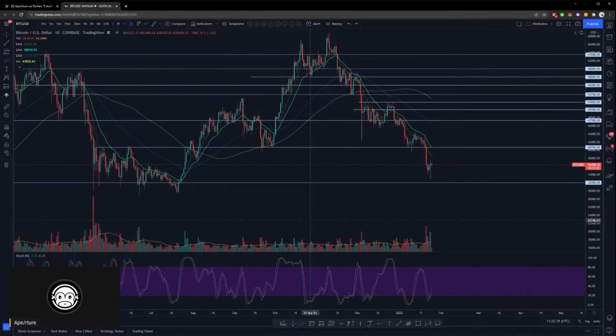Like, the macro environment is bearish. That doesn't mean there can't be bullish rallies or up trends, but make sure you lock in profits quicker if you're playing the long side, and make sure you practice your risk management correctly to not lose more and more during a downtrend, because you're just holding and actually not trading, just hoping.